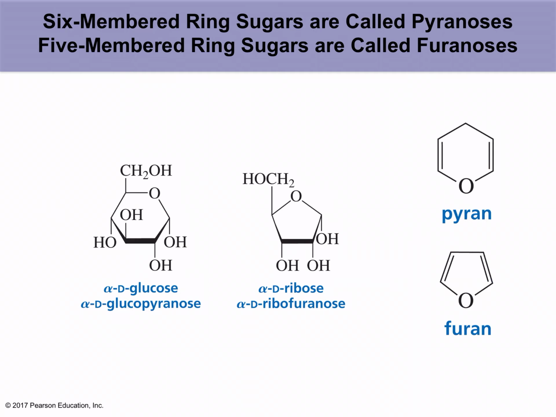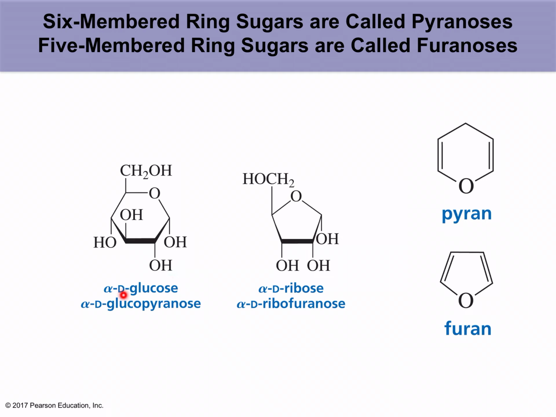And then we give a name for these 6 and 5-membered rings. So this is a 6-membered ring with oxygen and 5 carbons. This is a pyran molecule. Furan is 1 oxygen and 4 carbons in a 5-membered ring. Pyran and furan are known compounds. So we adopt the same name for these sugars. If it is a 6-membered ring similar to pyran, that would end as a pyranose because this is a sugar.